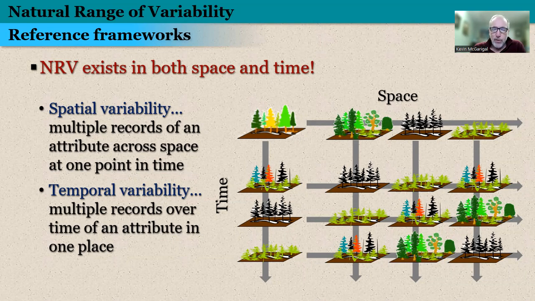So in the figure to the right, as we move from left to right, we're talking about a single point in time and looking at variation in ecological condition across space. As we move vertically through that figure, we're talking about a single point in space and looking at multiple points over time for that location. So variability exists in both space and time.